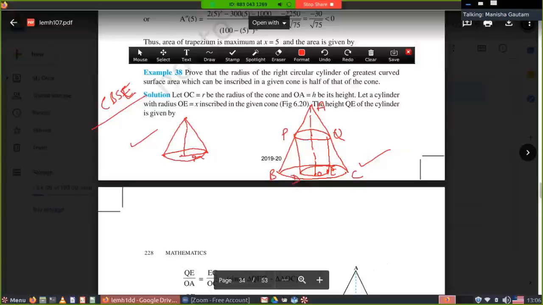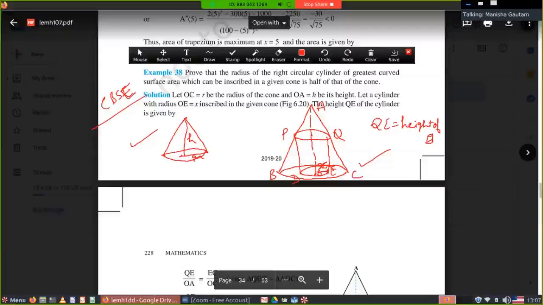OA is equal to H. It means the height of the cone is small h. It means small r and small h are the radius and height of the cone. Let a cylinder have radius OE, that is X. And QE is the height of the cylinder.